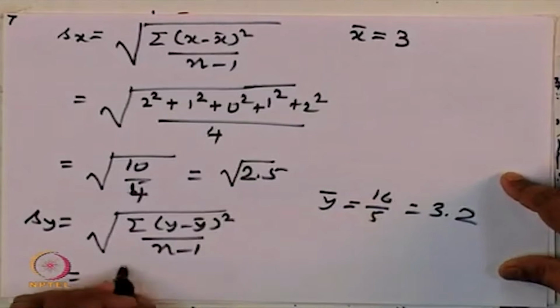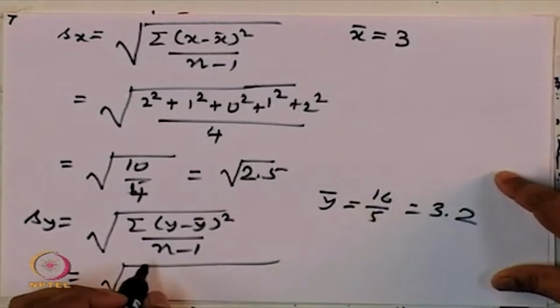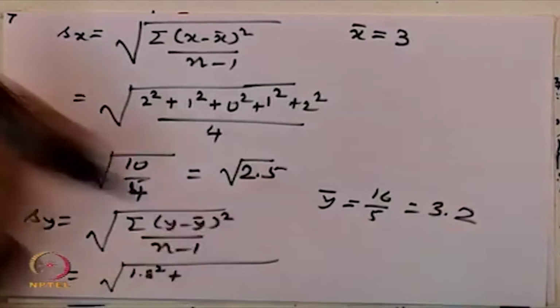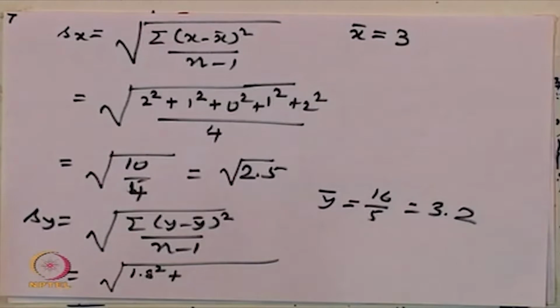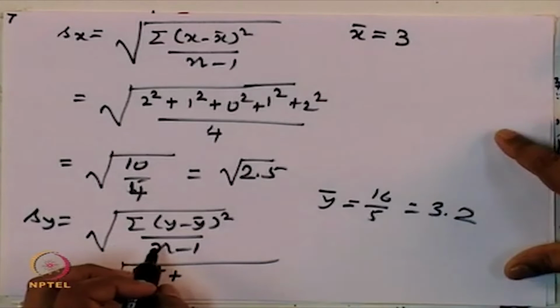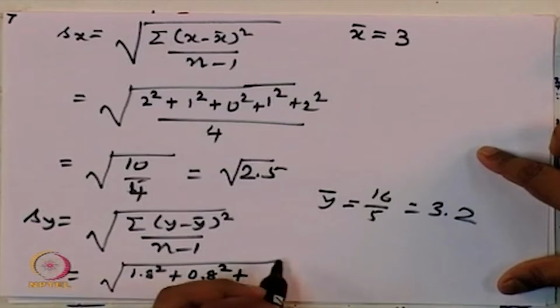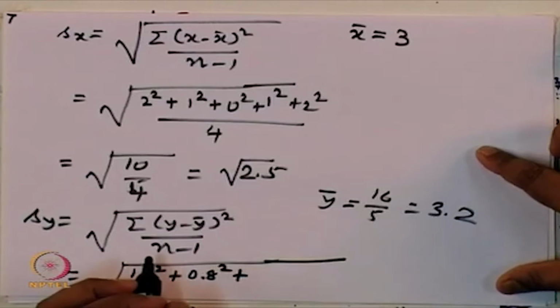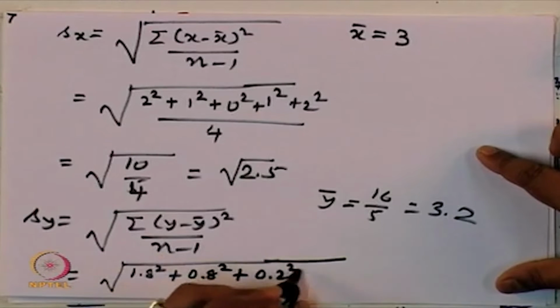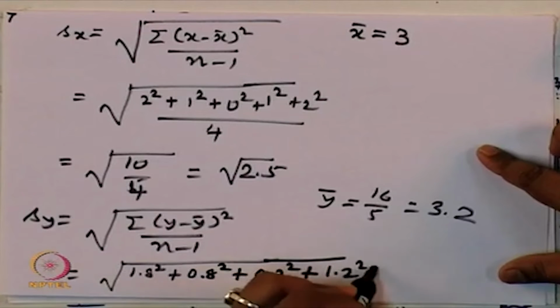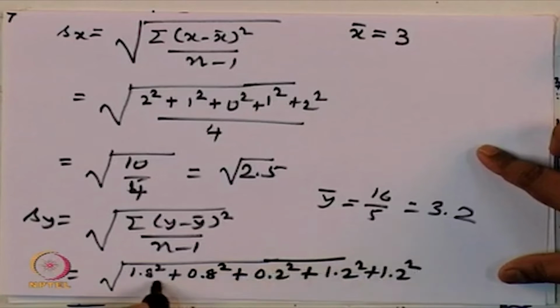So, s y, okay, 1.8 whole square plus 0.8 whole square plus 0.2 whole square plus 1.2 whole square plus 1.2 whole square, whole divided by 4.